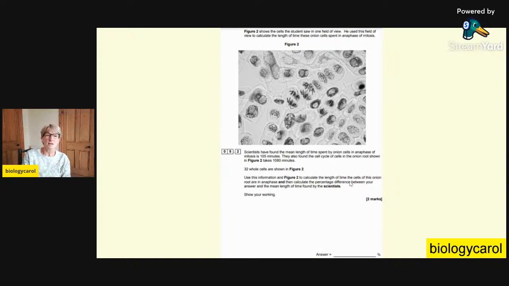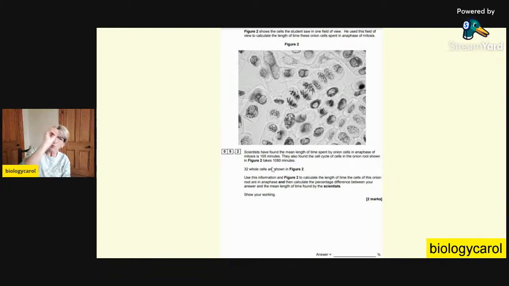Scientists have found the mean length of time spent by onion cells in anaphase of mitosis is 105 minutes. The mean length of time, the average length of time. They also found that the cell cycles of cells in the onion root, shown in figure 2, take 1,080 minutes.